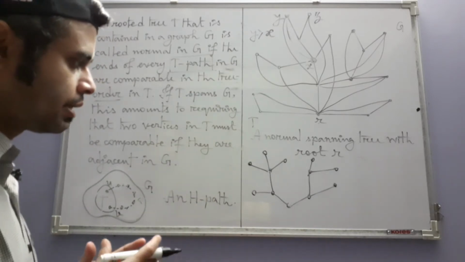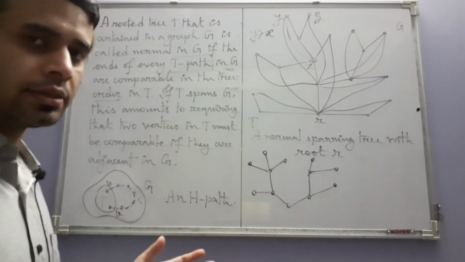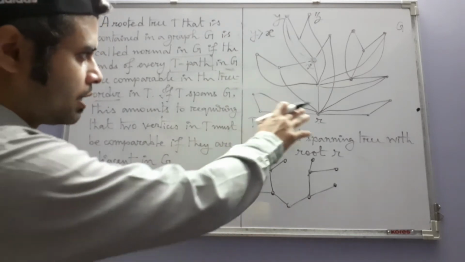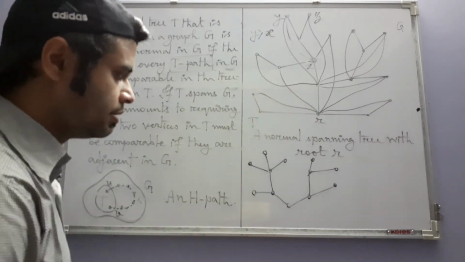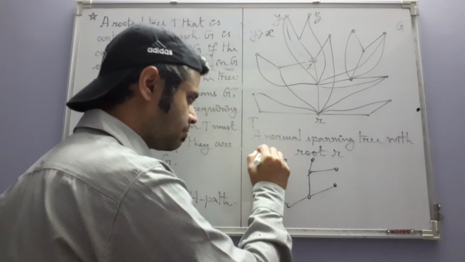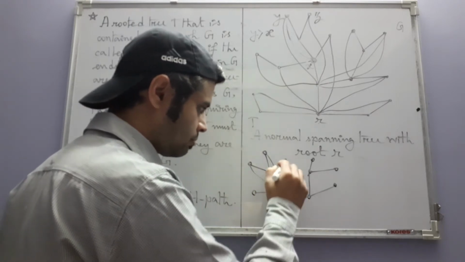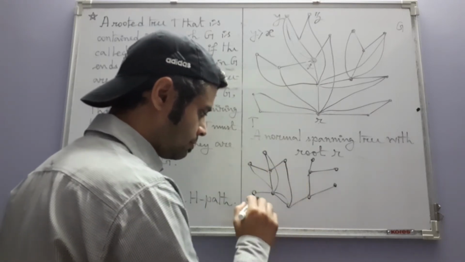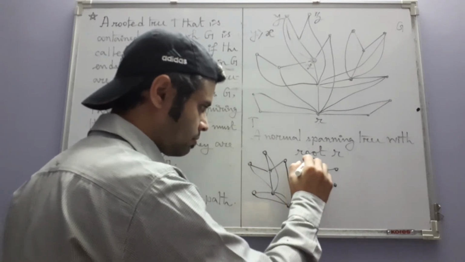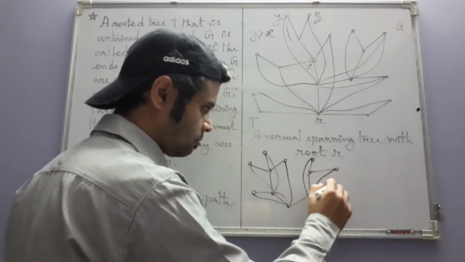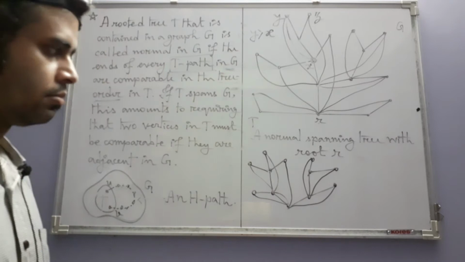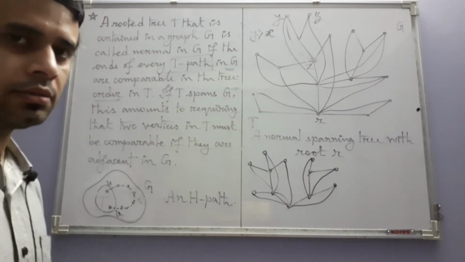It's like someone has expanded the skeleton in some way by, say, putting extra edges like this. And that is the whole graph.